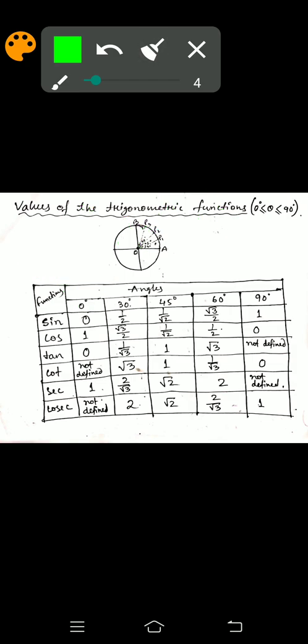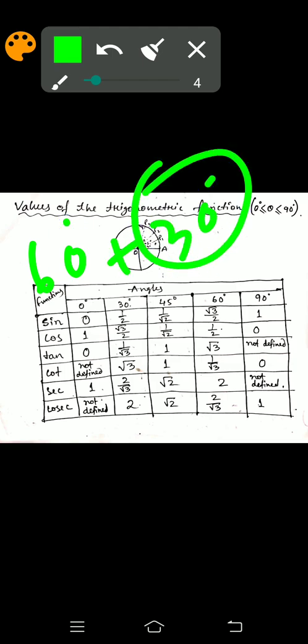Now for 60 degree, we have to add 30 degree, so the value of cos 60 will be equal to sine 30, which is half. For 90 we have to add 0, so sine 0 is 0, so that's why cos 90 is 0.